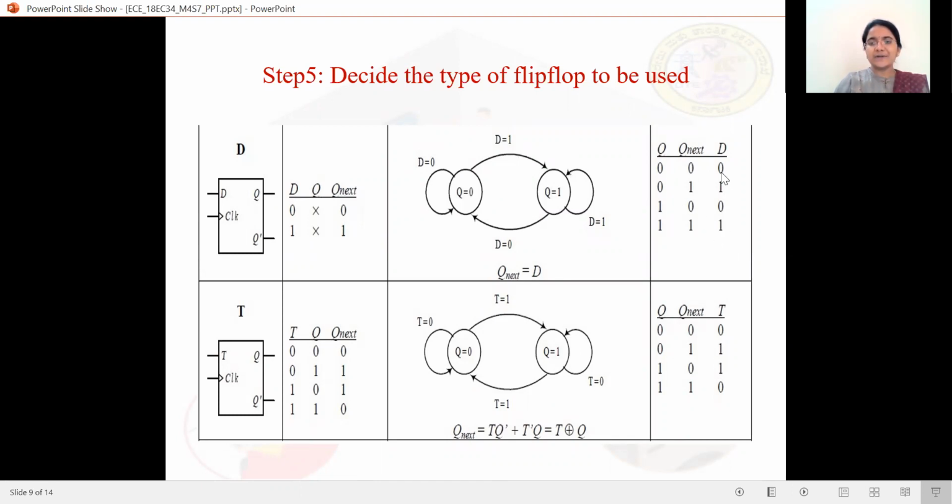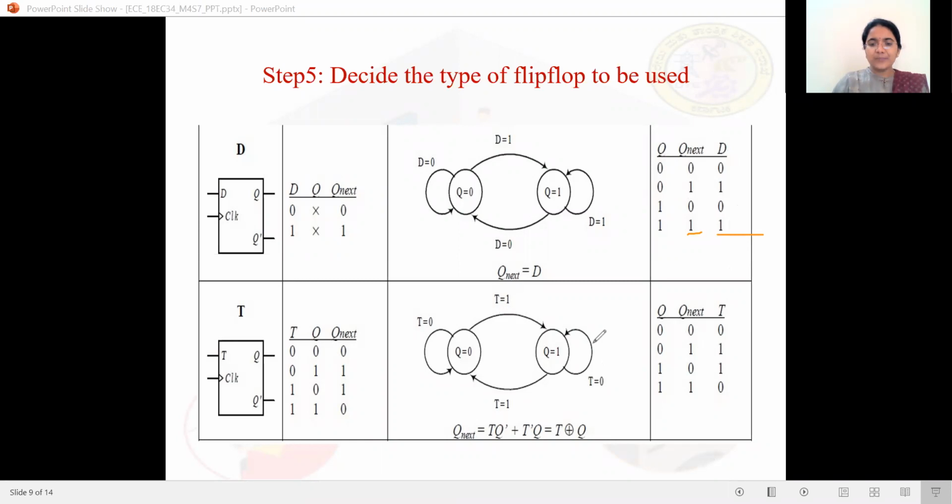In the excitation table for the D flip-flop, you can easily see that the D input is the same as Q next. Whatever next state we want to get, we give that as the D input, and you get the same output as the next state.